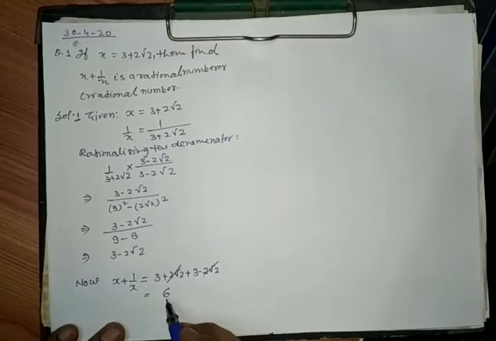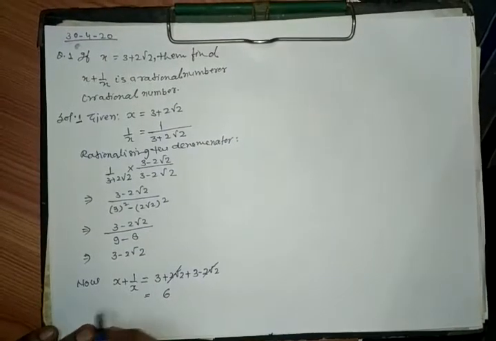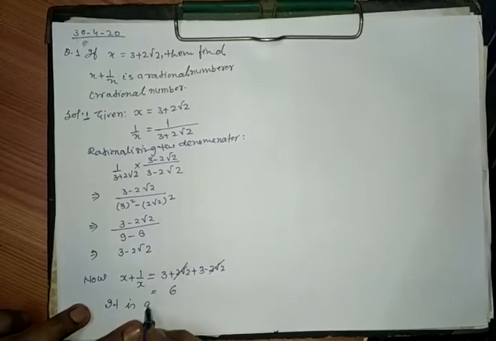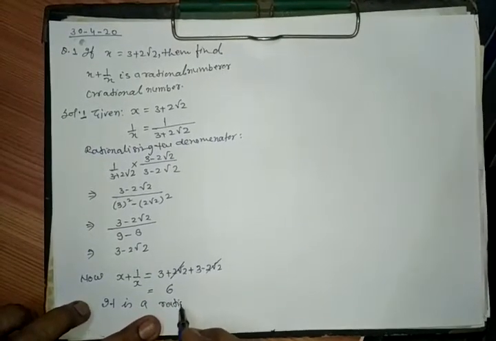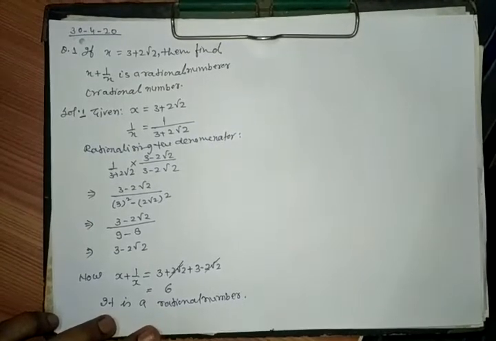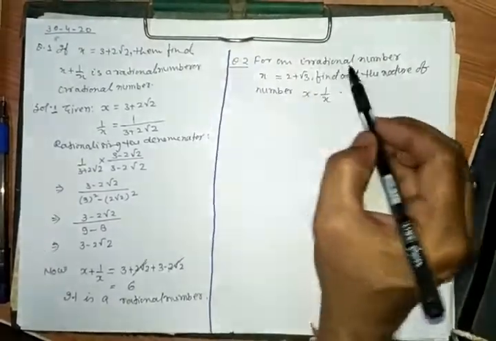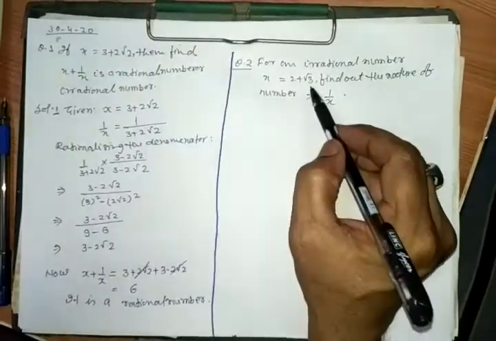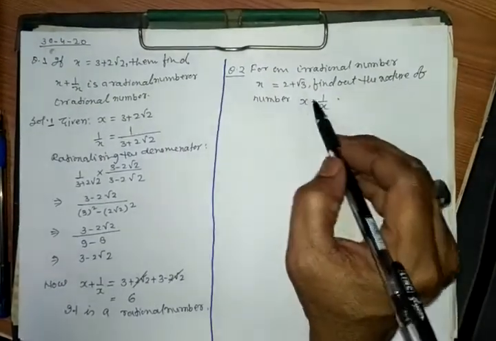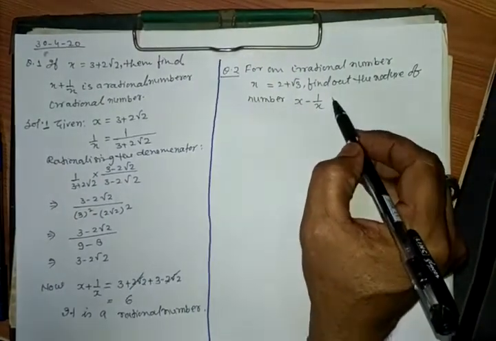This is a rational number. For a rational number x equals 2 plus root 3, find out the nature of the number x minus 1 upon x.